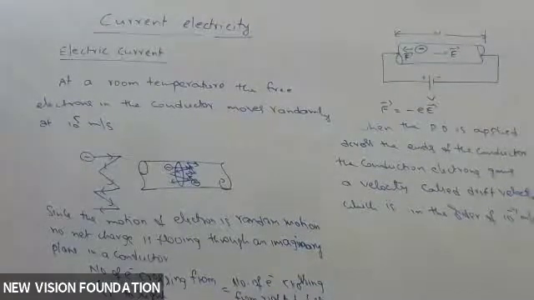So with this velocity, it moves along the conductor in the direction opposite to the electric field.